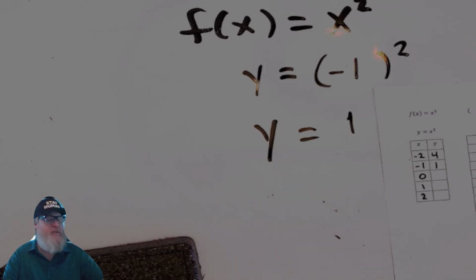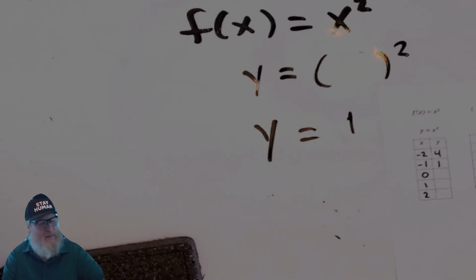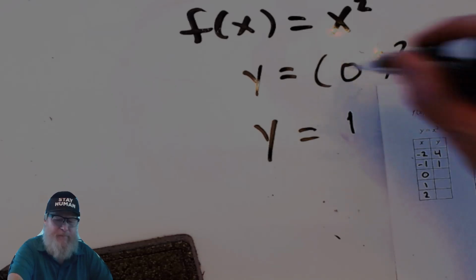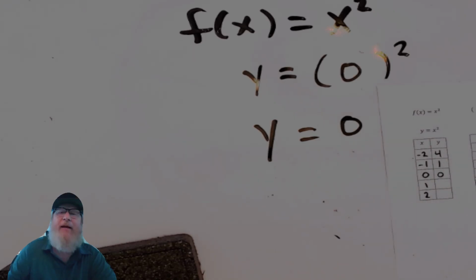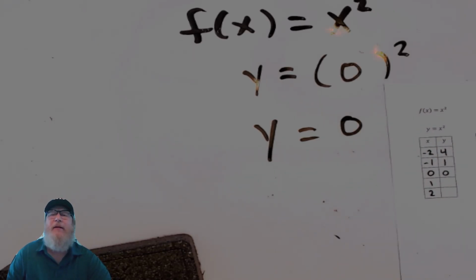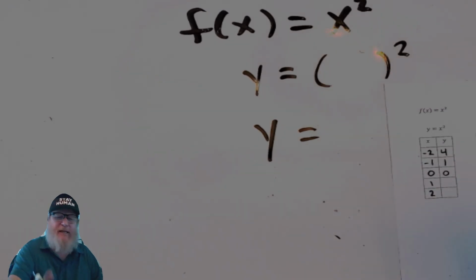Let's do the rest of them mentally. If you plugged in 0 for x, you're going to get 0 for y. I said we're going to do it mentally. I just mean I'm not using a calculator.